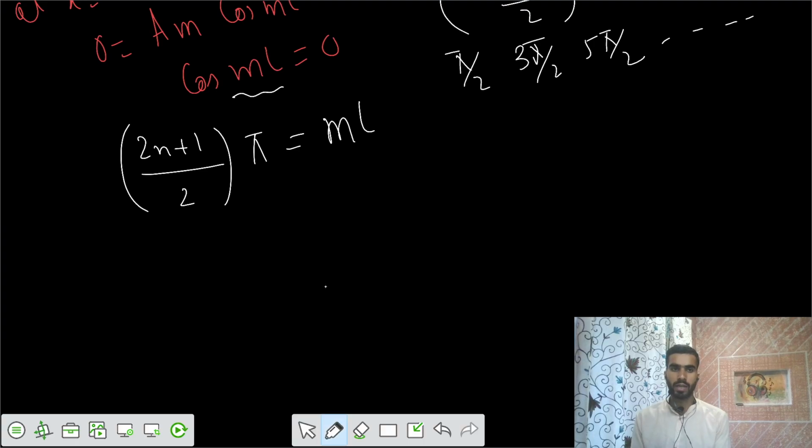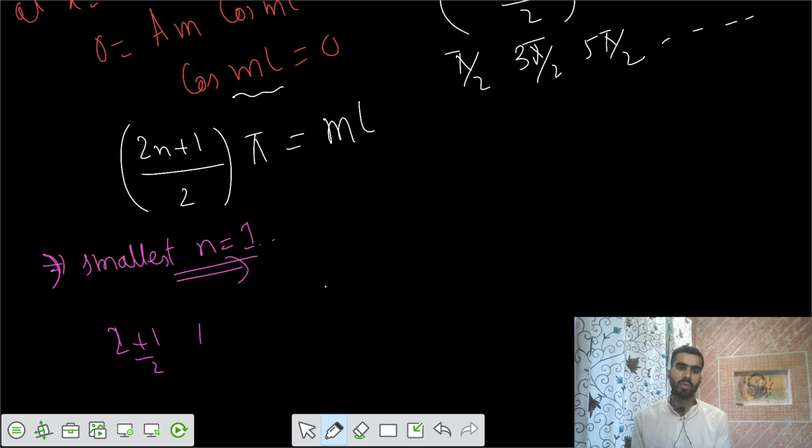So finally, the smallest value we can have is at n equals 1. At n equals 1, the final value is (2 plus 1) by 2 pi equals mL.